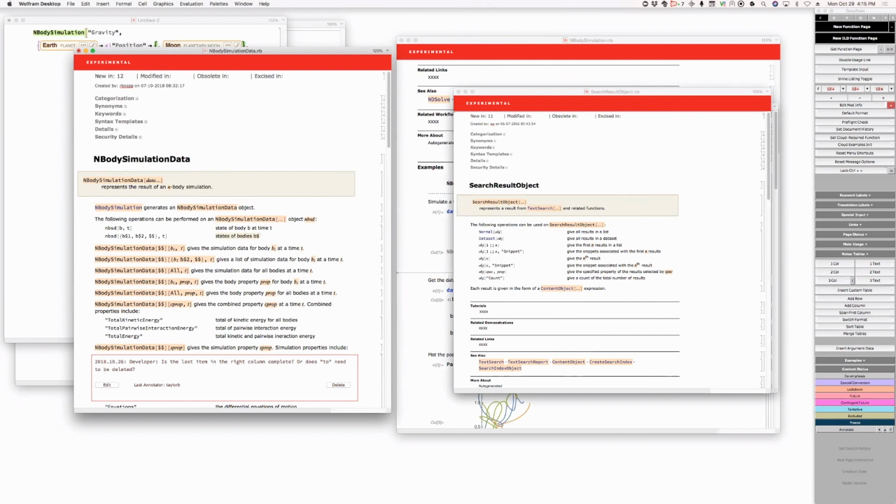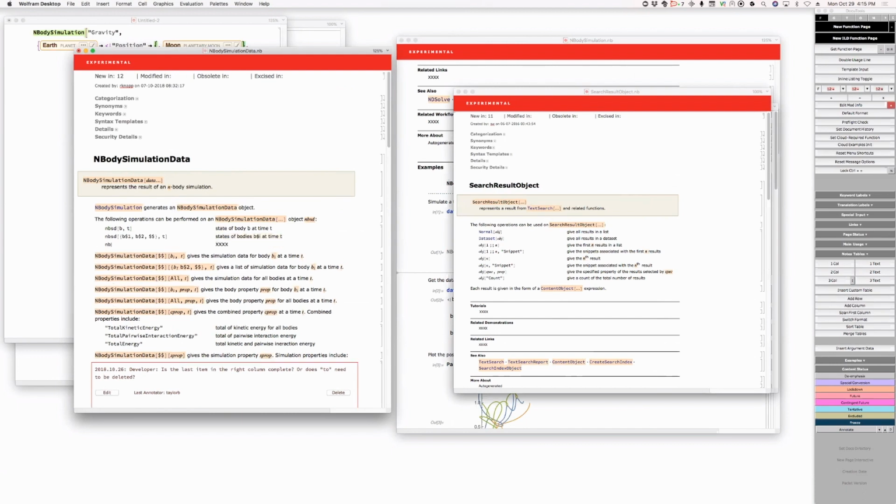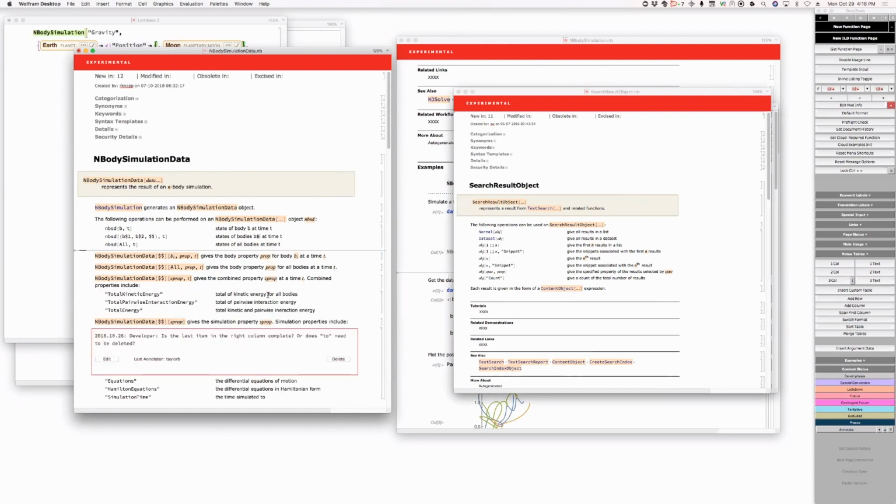States of bodies b sub i at time t. Then the next case is states of all bodies at time t. Okay, right. Next case. Okay, so that's those three cases, right? Yes.